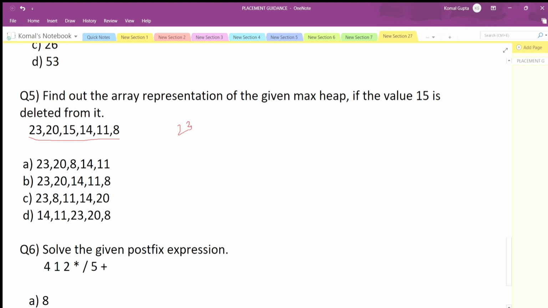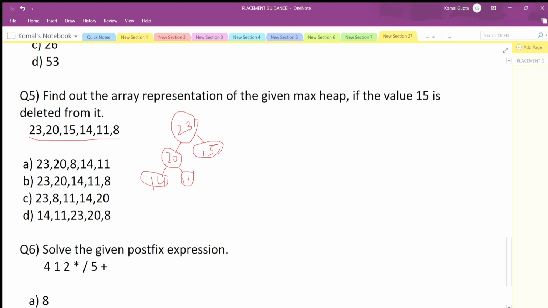So we just have to make the binary tree, like max heap from this: 23 and then 20, like we will keep this left to right, like 15 here. After 15 it is 14, so we will keep this here, and then 11 here.